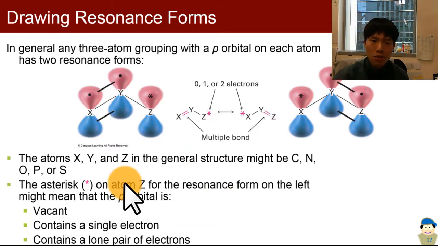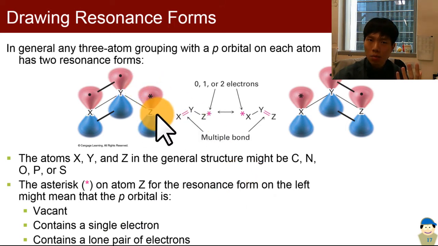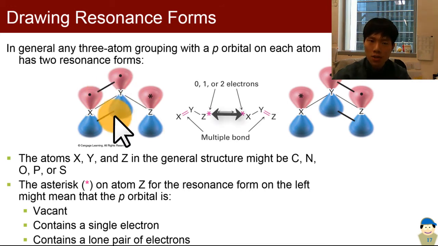This asterisk on Z could represent a vacant empty orbital, meaning there's nothing, or it contains a single electron, meaning it's a radical, or it contains a lone pair of electrons. So the atom Z I'm pointing to could have a plus charge, negative charge, or no charge with a single dot radical, and you can still have resonance between the two in the same way.